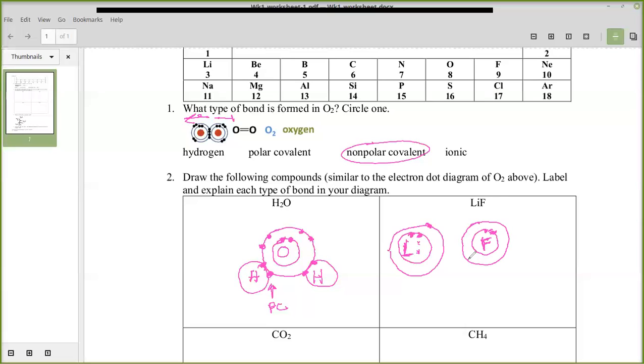So you have 1. How many are in this shell, do you think? How many should I add here? Got 1, 2 here, and then how many should I add in here? 7. 2, 3, 4, 5, 6, 7.